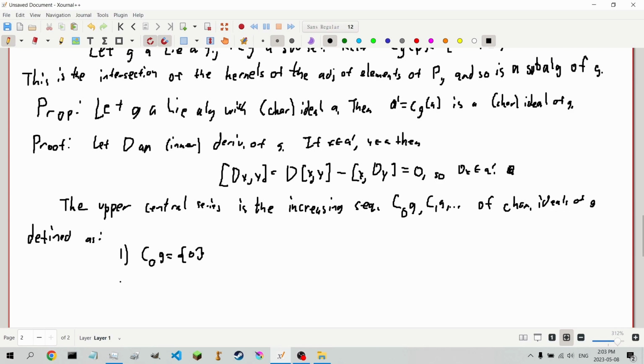And the second part is real messy. I've got to figure out a good way of writing it. So we're going to let pi p be the mapping of G mod CPG onto the center of G mod CPG.